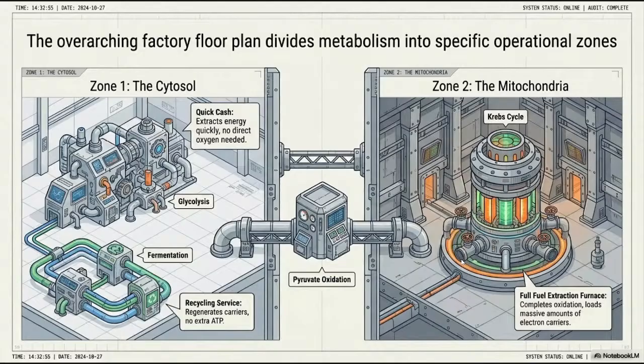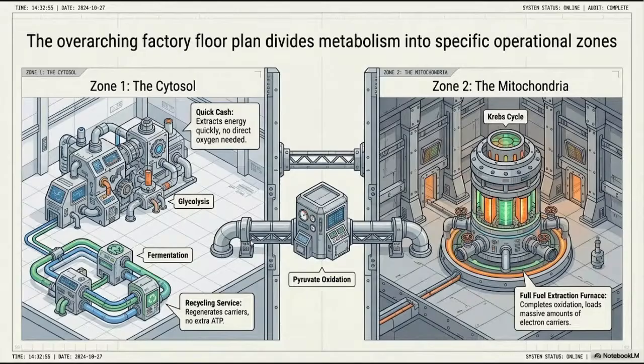Now having that in your mind, you can see that everything that has to do with cellular respiration is going to involve 2 organelles or 2 locations. The first one is in the cytosol, then the second is going to be in the mitochondria.